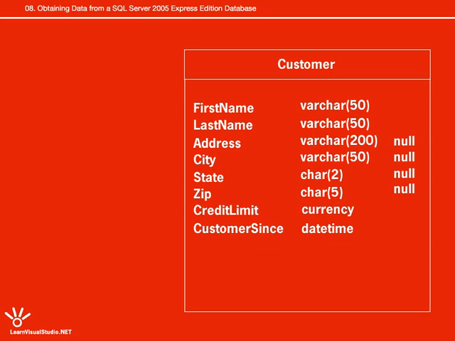Now moving on, we may want to allow a record to be saved to the database if that record doesn't include an address. But we may not want to allow a record that doesn't have a name, where the first name and the last name is missing, for example. That wouldn't make a whole lot of sense. So what we could do is define certain fields like address, state, and zip to be nullable fields.